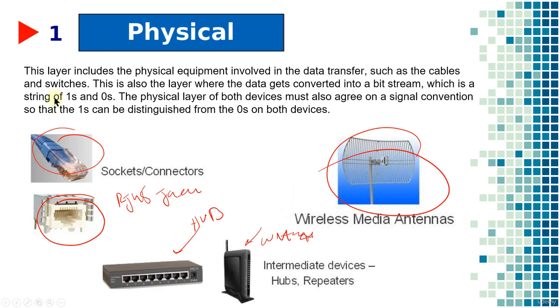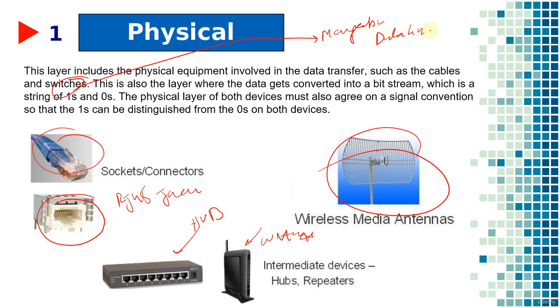So the physical layer includes the physical equipment involved in the data transfer, such as the cables and switches. By the way, switches here are not the Cisco manageable switches. Manageable switches work at the data link layer.